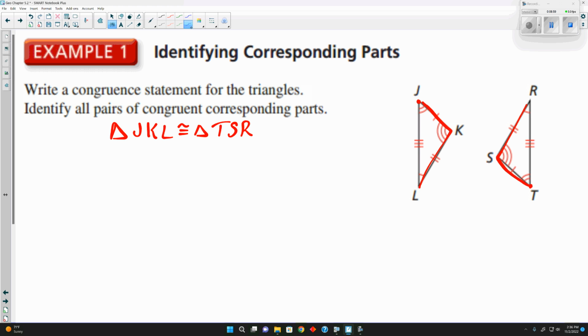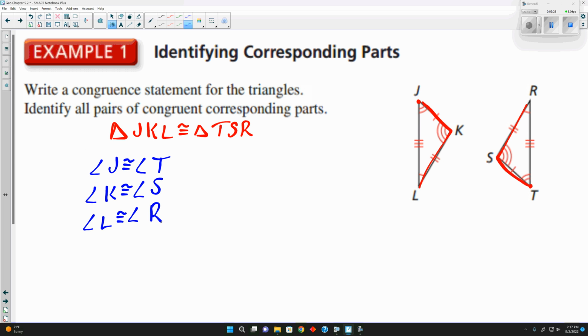Because again, these two statements had to match up, yes? So what letter went first? So angle J is going to be congruent to what? Because they match, yes? We could also say angle K is congruent to. And lastly, angle L is congruent to angle. Because again, they matched up, yes?